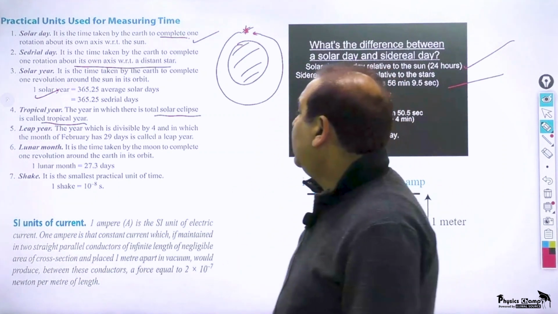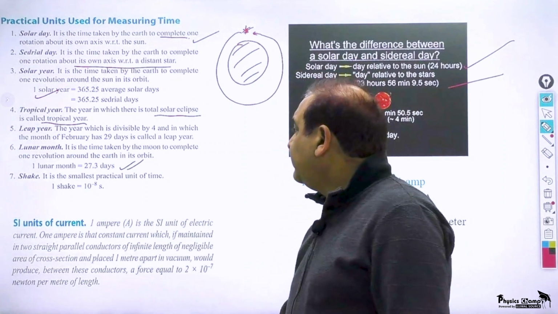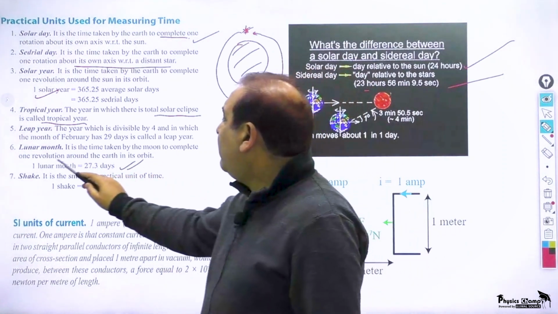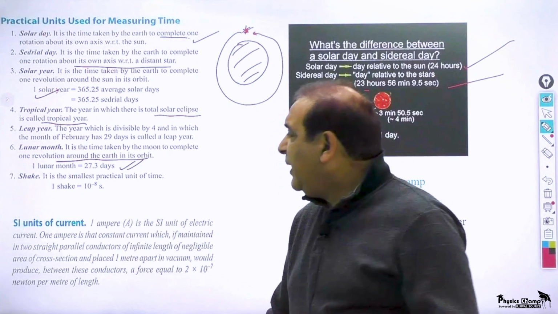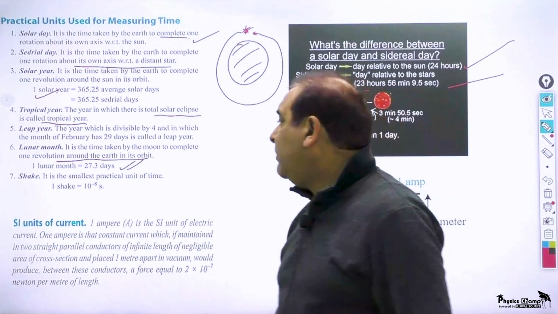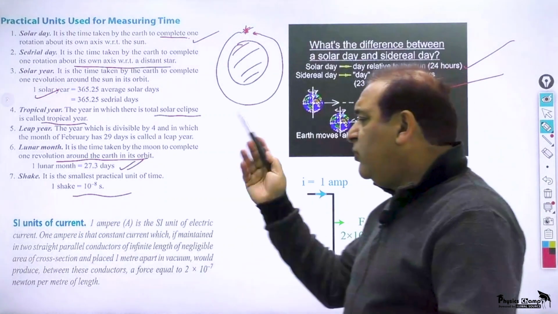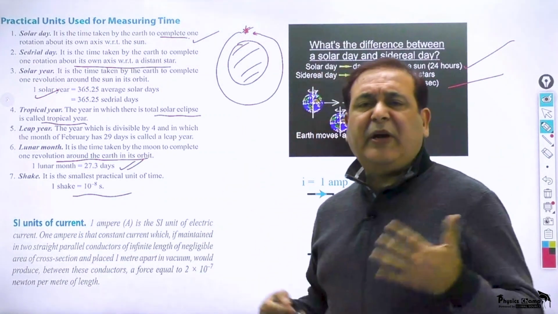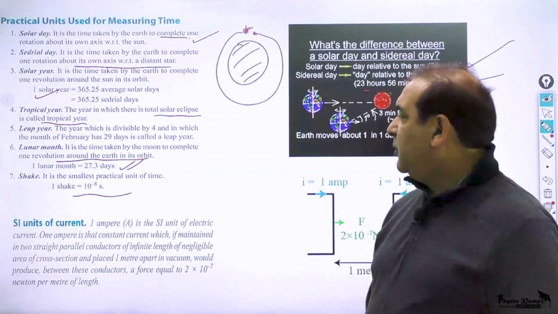Lunar month, it is 27.3 days, the time taken by the moon to complete one revolution about the Earth in its orbit. And shake is the smallest unit of time, 10 to the minus 8 seconds. So that's how there are various units of time. They are put into practice in different situations at different parts of physics.